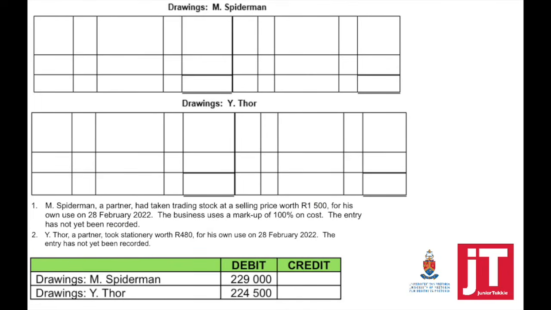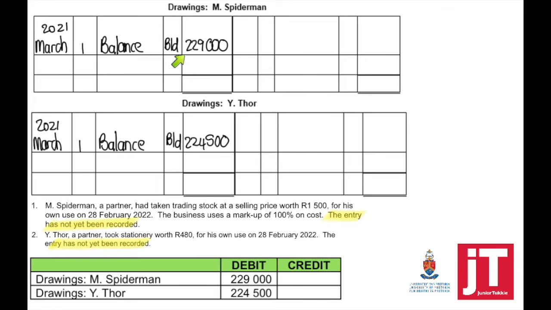If we look at drawings, the partner, Spider-Man, took trading stock. Then 4 took stationery. So there are the balances from the pre-adjustment trial balance. If I look at Spider-Man, it has not yet been recorded, and the same with 4.